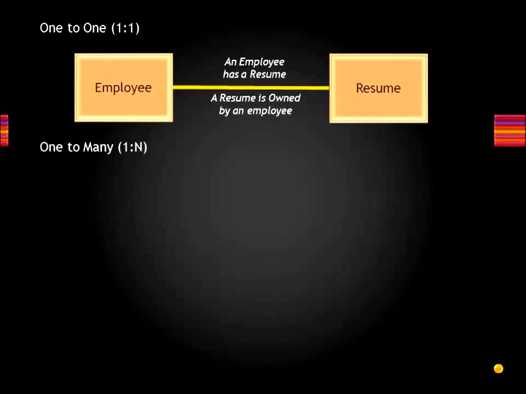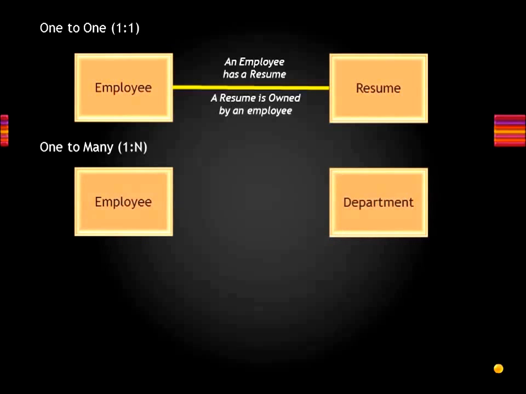Next type of relationship that we are going to talk about here is one-to-many relationship. I would say this type of relationship is the most important relationship that you will use in your design. As an example, let's look at employee and department table here.